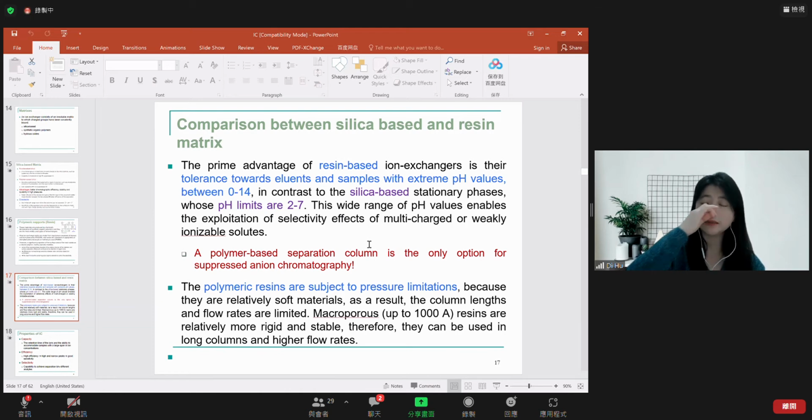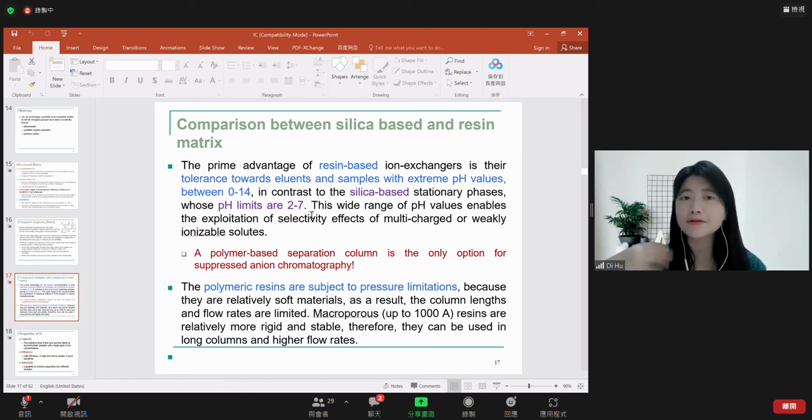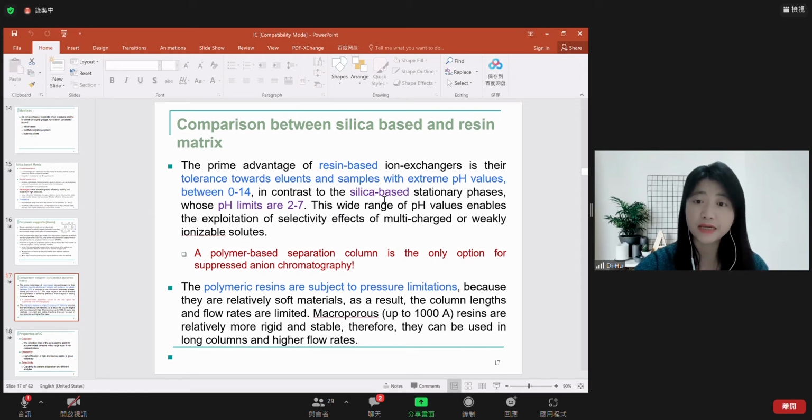If we use sodium hydroxide at just 10 millimolar, the pH can go up to 12. And for the sodium carbonate and bicarbonate buffer, the pH can also go to about 10. That is way outside the pH range that a silica-based column can handle.